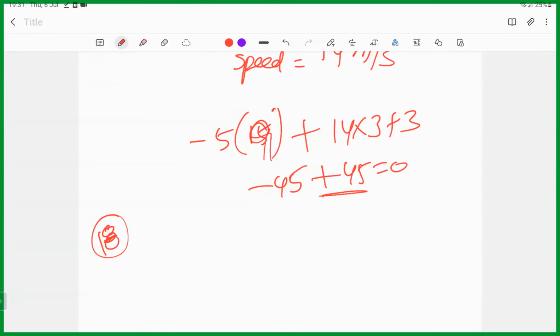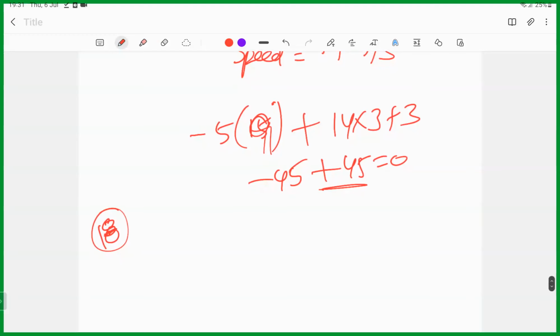What Prince is saying is right, 0 only. At the maximum height, the vertical velocity component will become 0. So find the position of the ball at t equal to 18 means you need to substitute t equal to 18, right? In that equation. That's it. Next one.